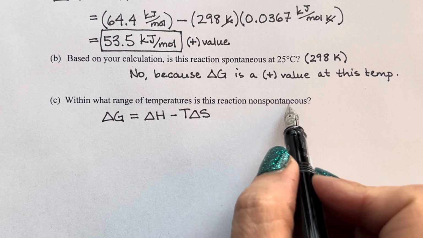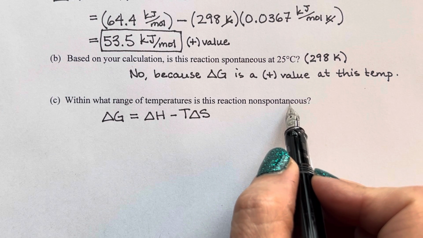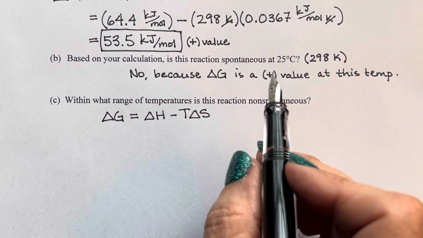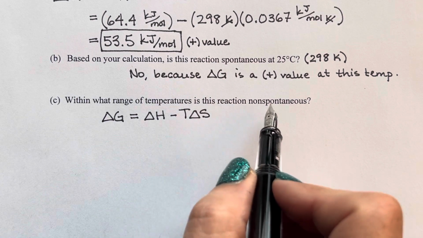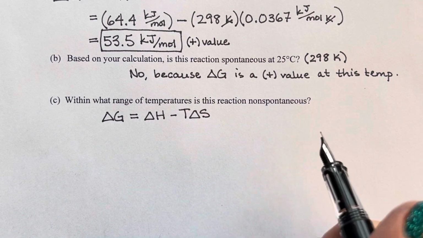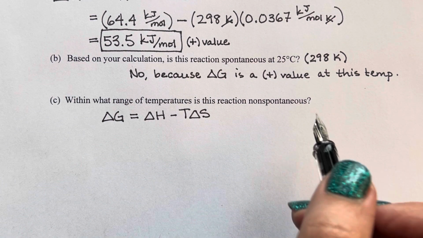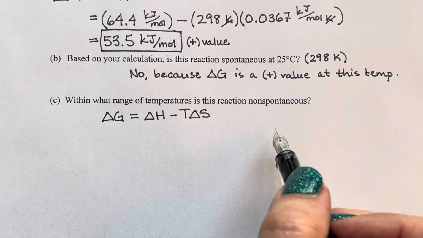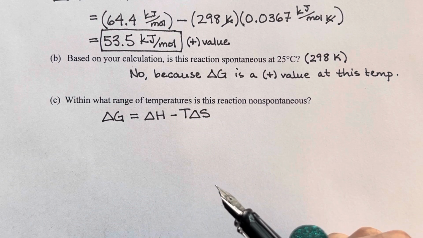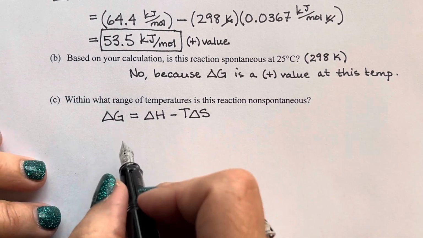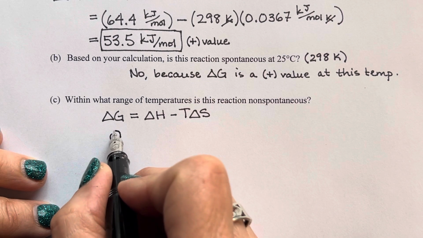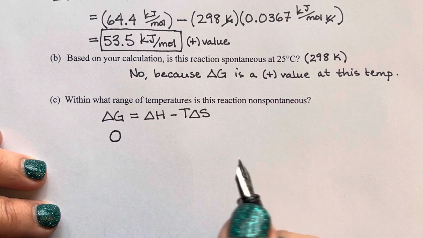Spontaneous would mean that delta G is negative. Non-spontaneous, like we just saw, is when delta G is positive. So what is the cutoff point between a positive number and a negative number? It is 0. So we are going to find that cutoff point. So we're going to set delta G equal to 0.